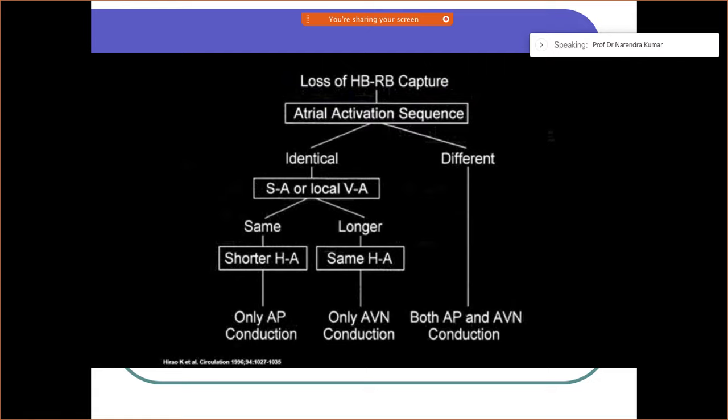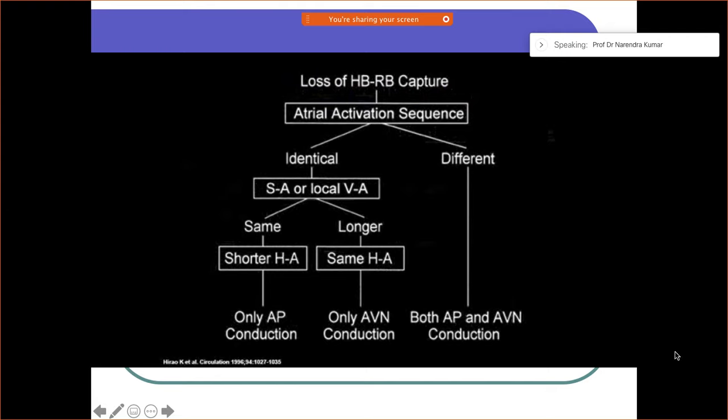However, if the atrial activation sequence is identical, that is the time you will look at the septal local VA interval. If it is the same, with a shorter HA interval, there is only accessory pathway. However, if the VA interval is longer with the same HA interval, only AV node conduction is present. So this is the summary, in fact.